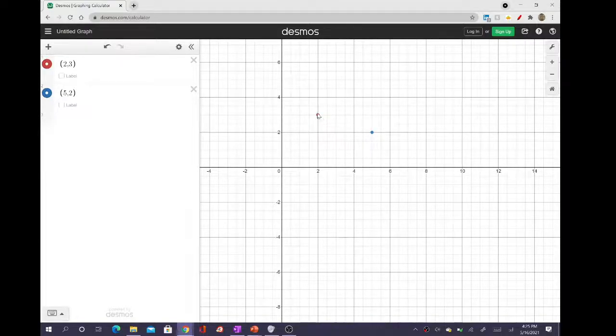because obviously whatever the vertex is and whatever second point you have here, that's going to determine whether your parabola is going up or down. So because here our second point is 5, 2, right? And our vertex is 2, 3, the parabola is going to be going downwards, okay? Because this is our second point.